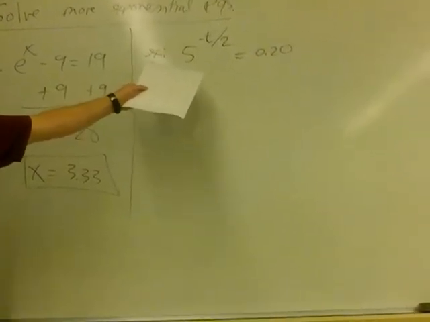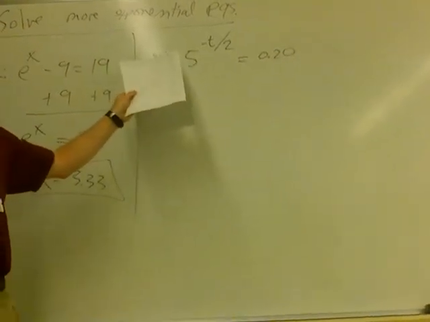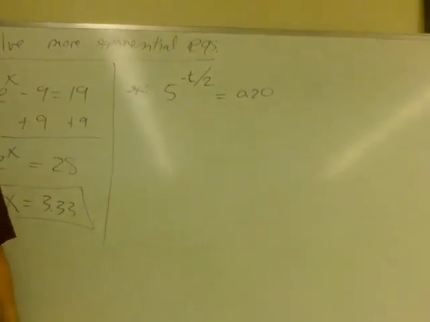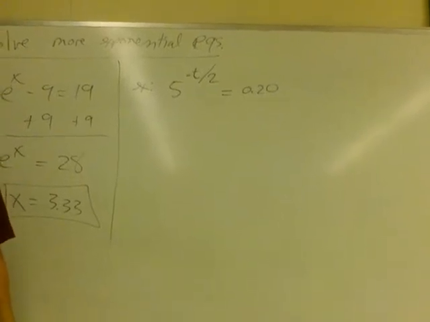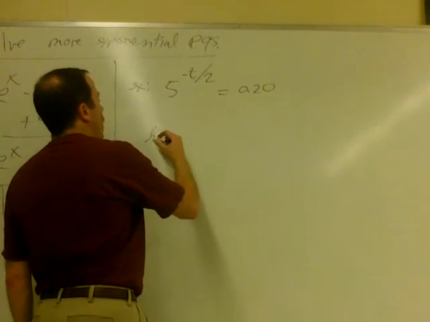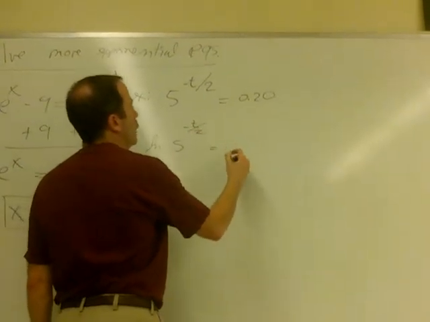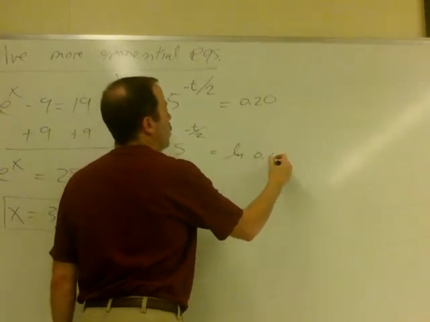Okay, so here we clearly again don't have the same bases. We have to use logs. We can use either common log or natural log. I'm a big fan of the natural log. So we have ln of 5 to the negative t over 2 equals ln of 0.20.